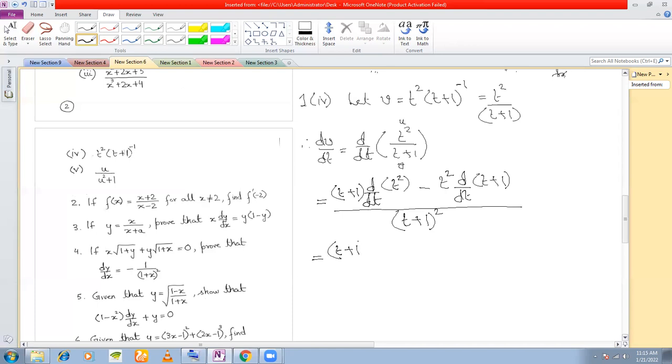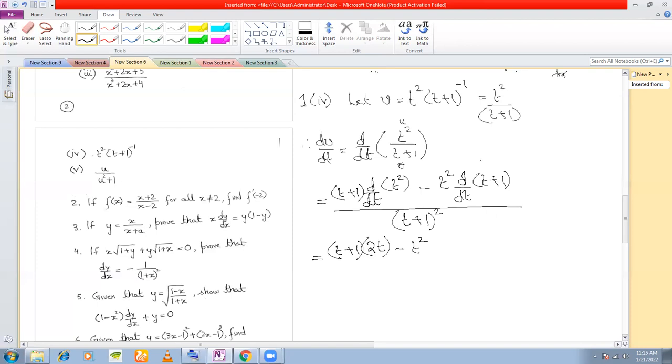No, sir. You get t plus 1, and ddt of t square is 2t to the power of 2 minus 1, which is simply 2t, right? Minus t square. And what is the ddt of t plus 1? It is simply 1, isn't it?